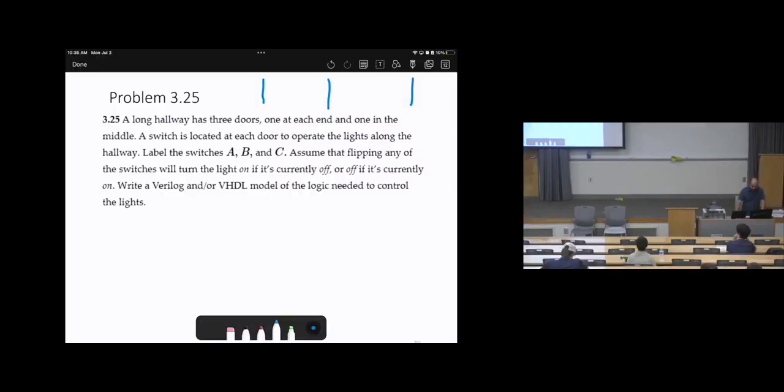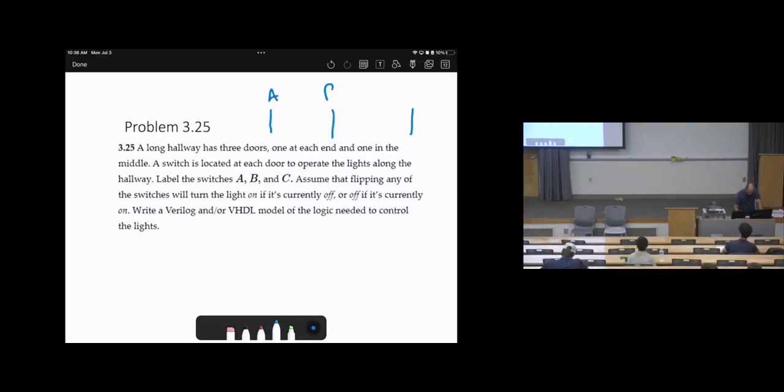So there are 3 doors, with switches A, B, C. A switch is located at each door and operates the lights along the hallway. Label the switches A, B, C as I do here. Assume that flipping any of the switches will turn the light on if it is currently off, or off if it is currently on. Write a code about this.